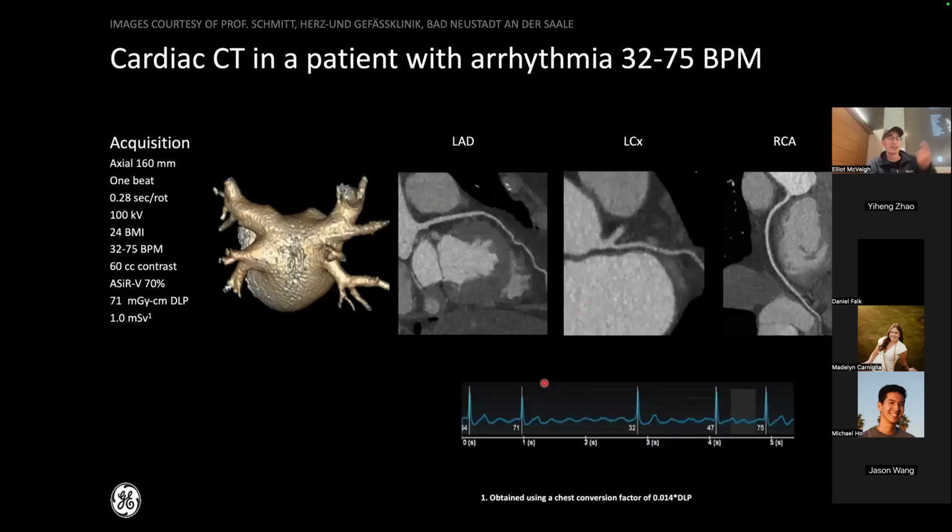Not only that, because we only need one heartbeat, if they're in atrial fibrillation, which a lot of cardiac patients can be, what that means is the electrical depolarization in their atrial tissue is in fact random. It's just rolling around in a random pattern all the time. So their atrium just sort of sits there.